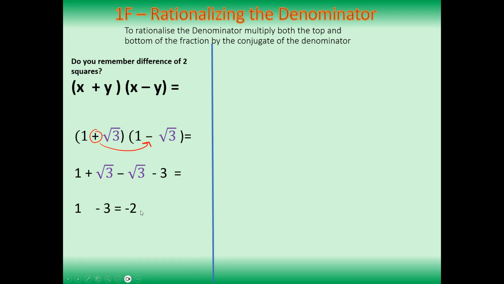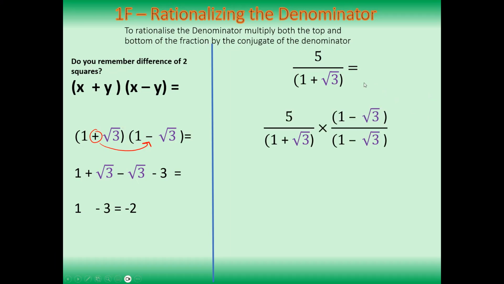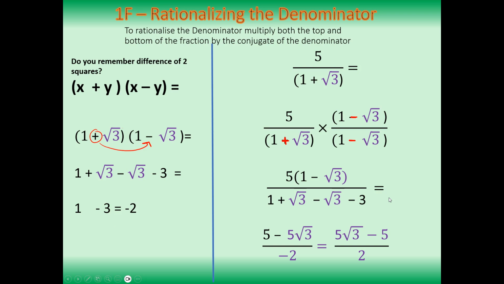Why do we care about that? Because sometimes you have denominators like so. What you need to do is multiply the top and the bottom by the conjugate of the denominator. That means making sure that the sign flips. So if there's a plus root 3 in the denominator, we write it like so, so that in the denominator, just like on the left hand side, we already worked out, the denominator is going to be minus 2.